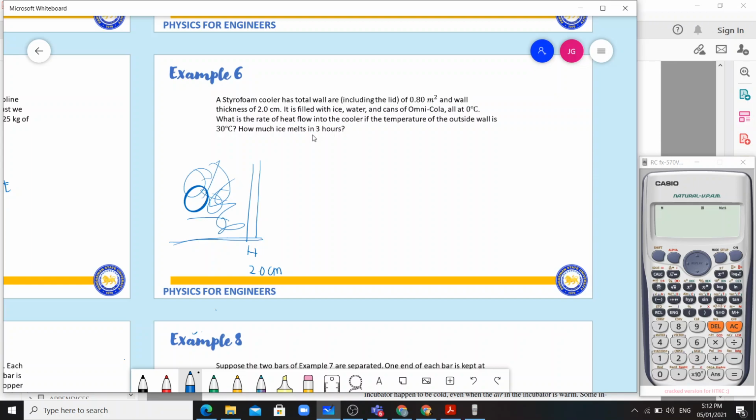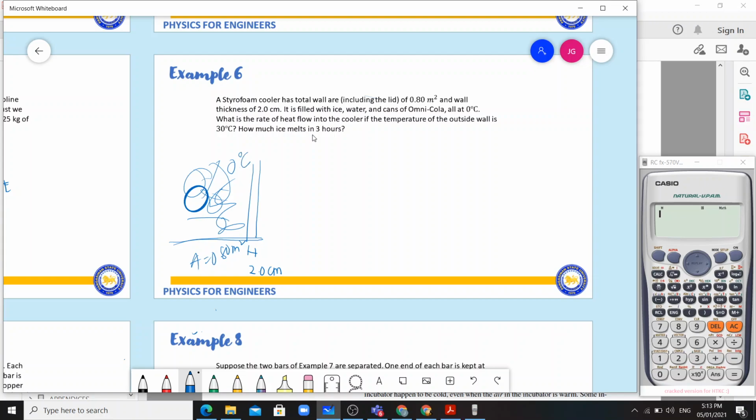And then the area is the total wall area of the whole cooler, including the lid, so the area is 0.80 meters squared. It is filled with ice, water, and cans of cola, all at 0 degrees Celsius.